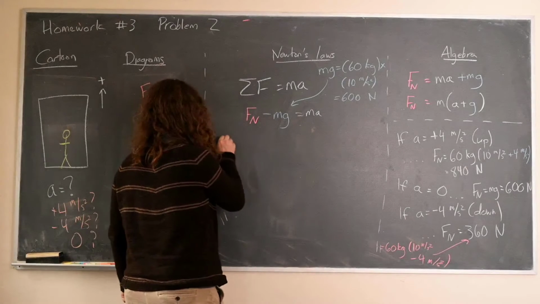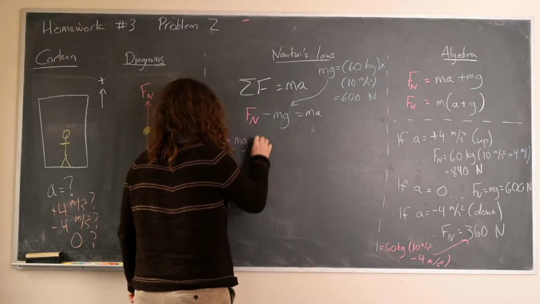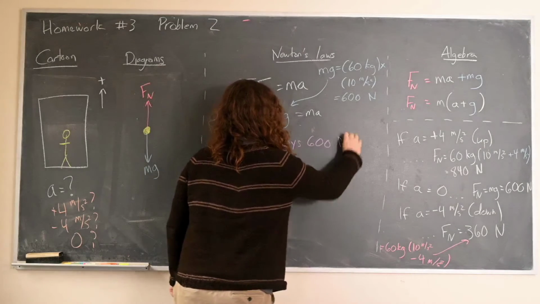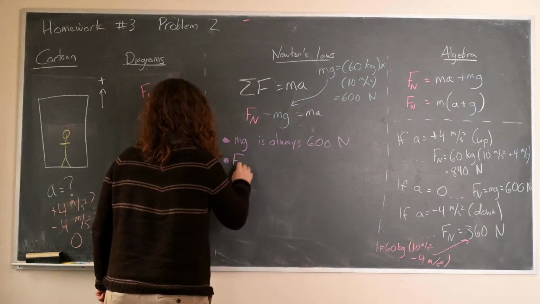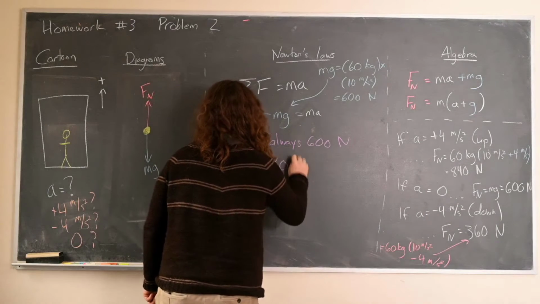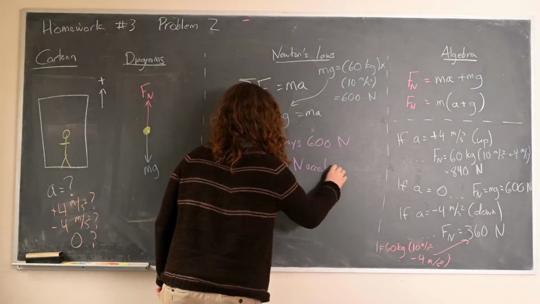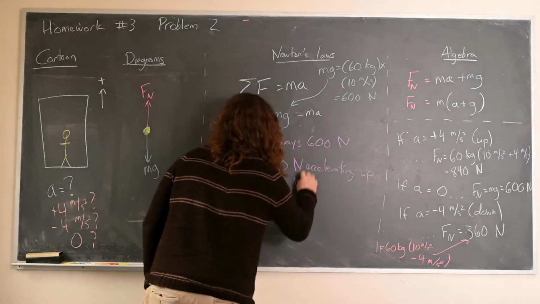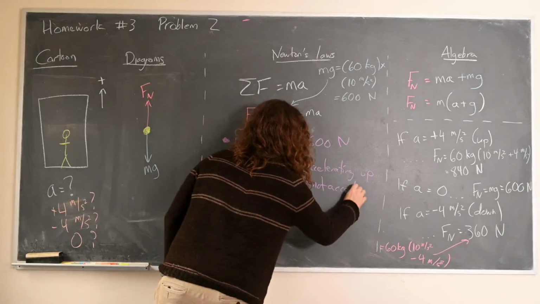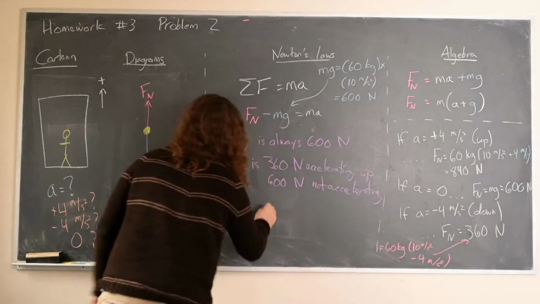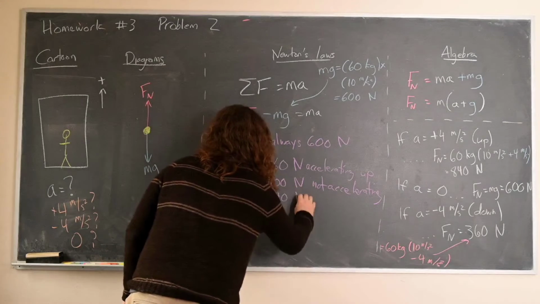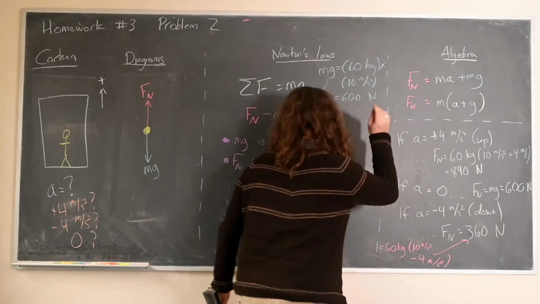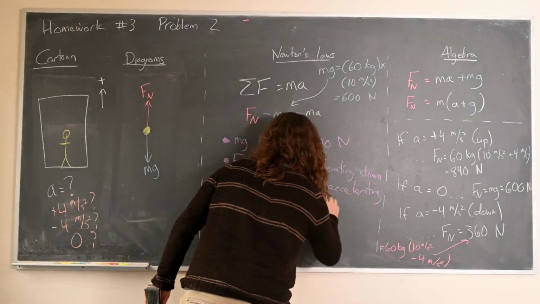So notice, let's put over here, your weight is always 600 newtons, but the normal force is 600 newtons when you're not accelerating, 360 newtons accelerating down, and 840 newtons accelerating up.